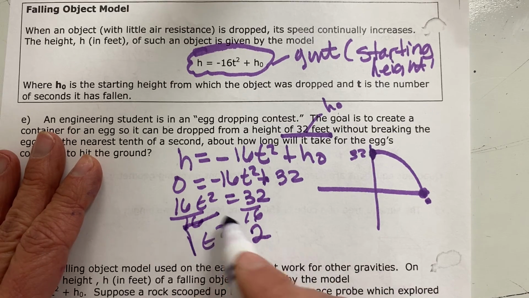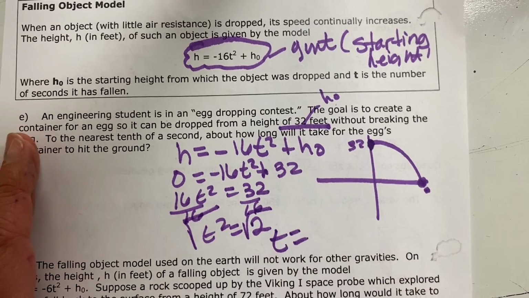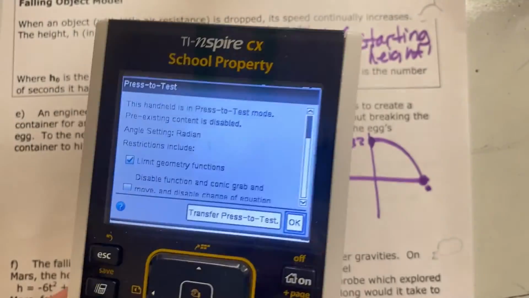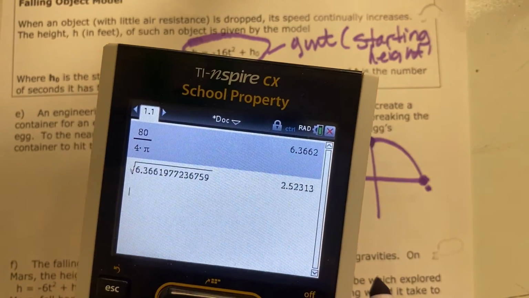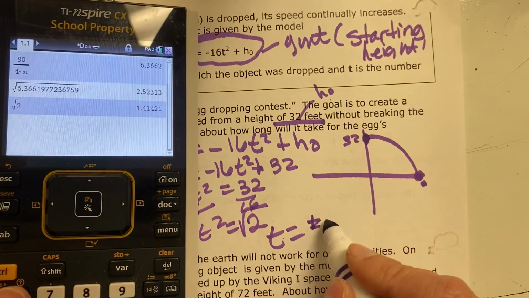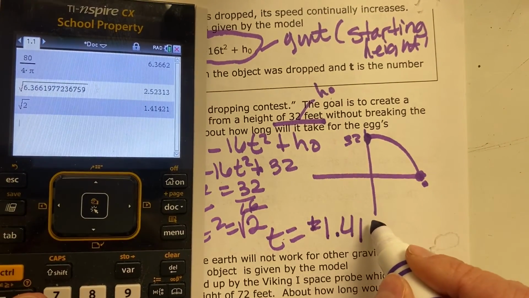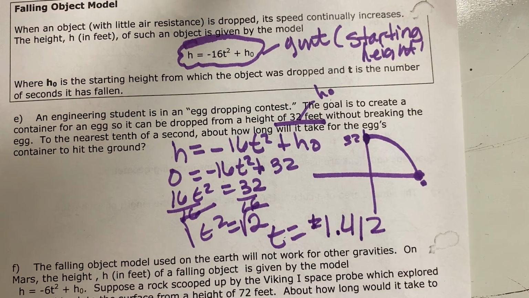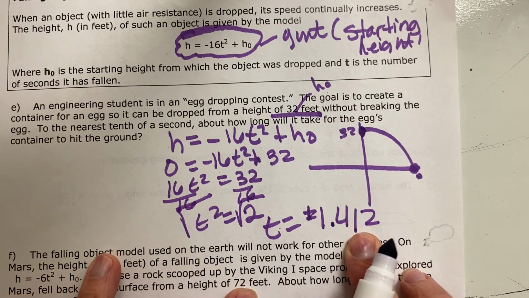And then we want to get the t by itself, so we're going to take the square root, and so the time is equal to the square root of 2. So we'll go ahead and put this into our calculator. And so the square root of 2 is equal to plus or minus 1.412, and we're looking for, I believe that it said to the nearest tenth, and so that's going to be 1.4.